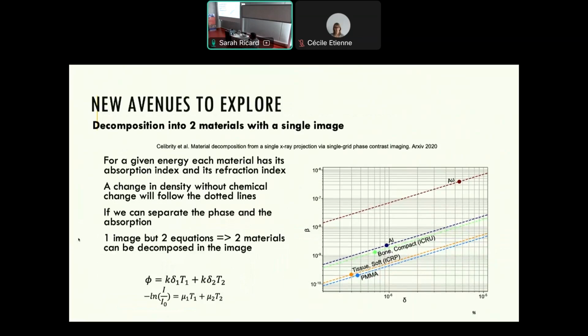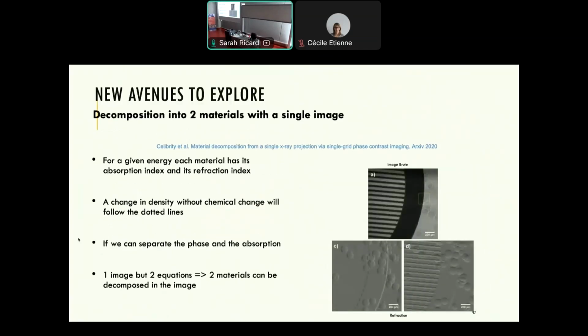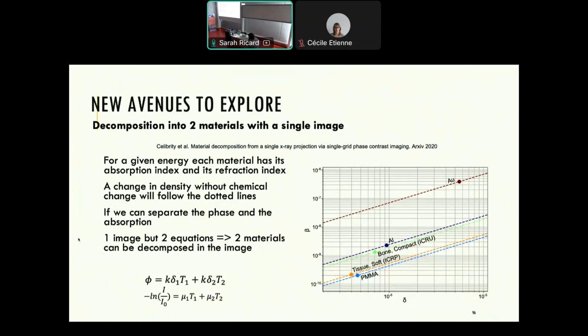If you have a box of certain concentration of aluminium or bone, it will follow this line. Okay? Meaning that if you are able to measure how the image is refracted, and decompose how it's refracted and how it is absorbed, we have two kinds of equation. You have an equation for the sum of the refraction and for the sum of attenuation.